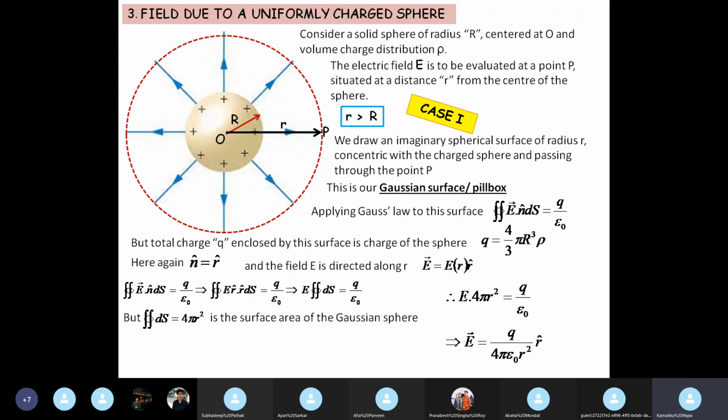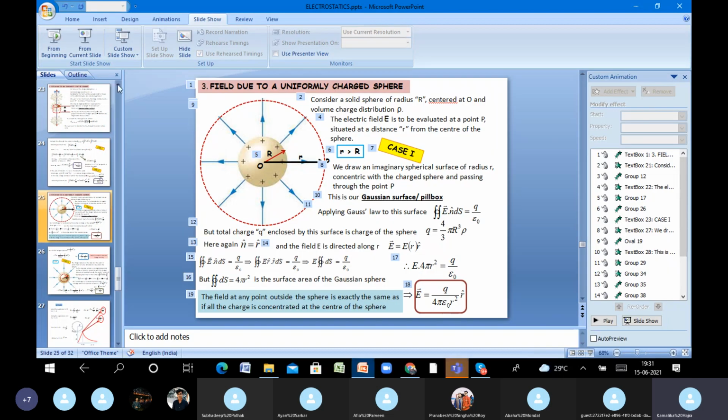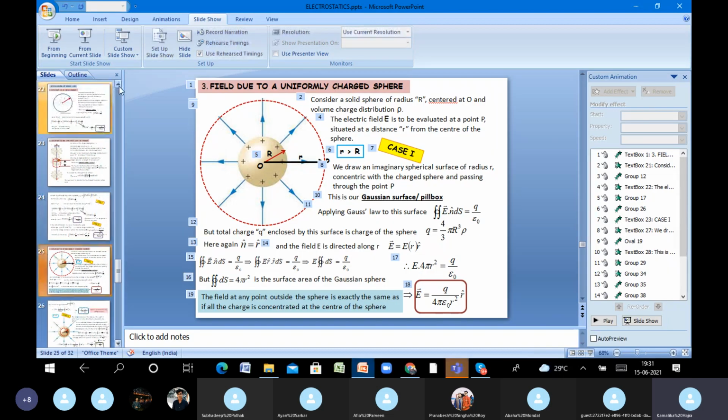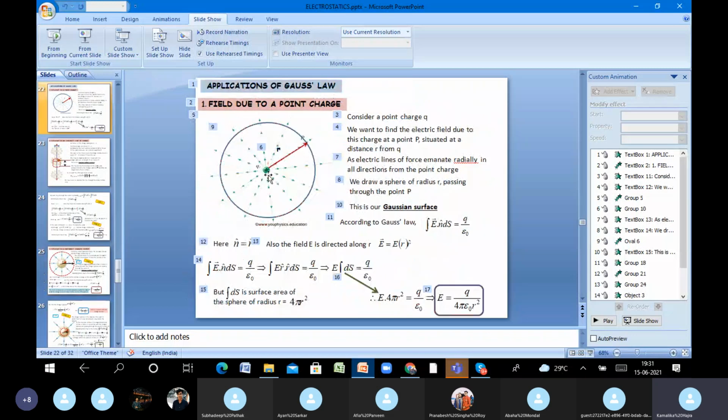Remember the electric field due to a point charge q at a distance r from it. Okay, I'll show you. Point charge q at a distance r from it: q by 4 pi epsilon naught r square. There it was just a point charge. It was not a spherical charge distribution, a volume, a solid sphere.